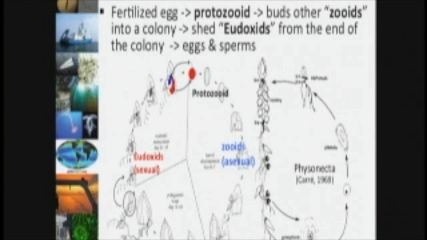And then the tail of the colony will shed when it grows to a certain length. And then the shed tail will turn into an eudoxid, which is a sexual reproduction individual. And that will release egg and sperm and then do the cycle again. Siphonophores basically do that.